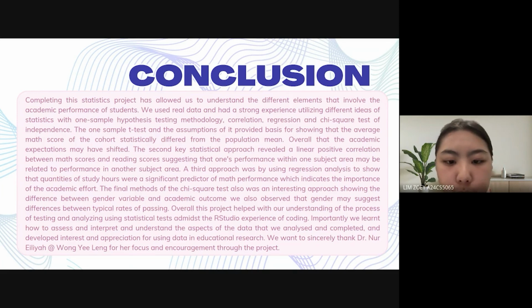A third approach used regression analysis to show that quantities of study hours were a significant predictor of math performance, which indicates the importance of academic effort. The final method, the chi-square test, was also an interesting approach, showing the differences between the gender variable and academic outcome. We also observed that gender may suggest differences between typical rates of passing.